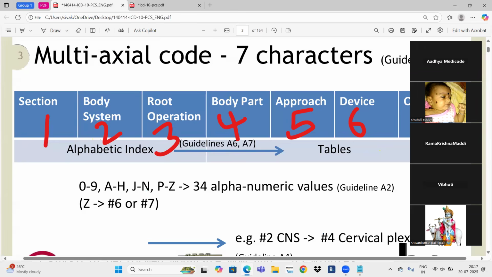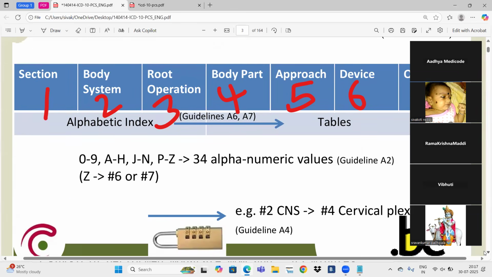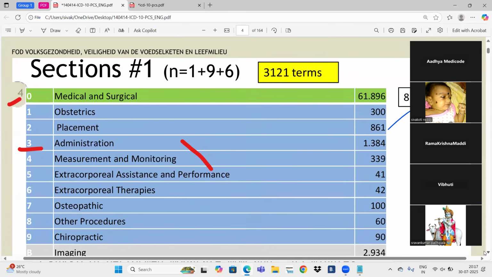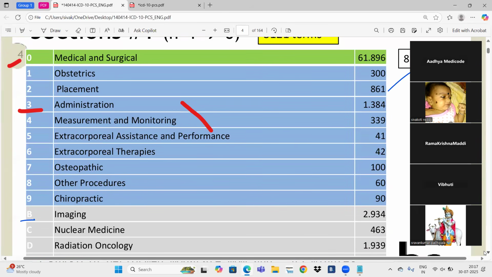Now come to the next. So the first character we discuss first is section. Section means the general type of procedure. Based on the section, we can identify the general type of procedure, what type of procedure it was. Clear? The general type of procedures comes under section.